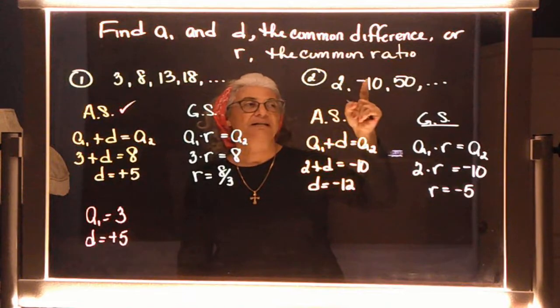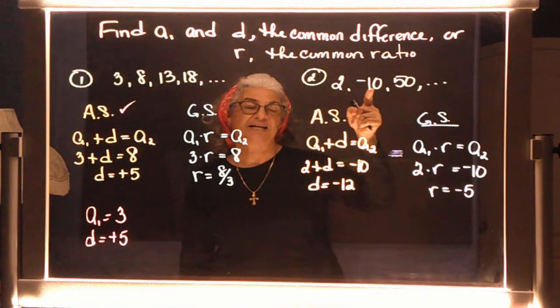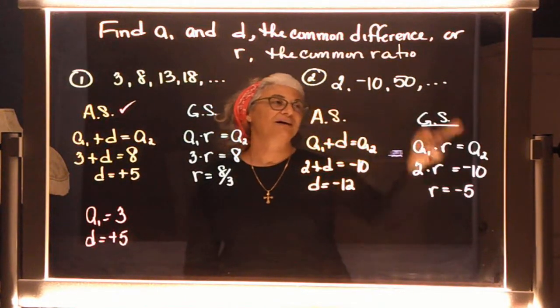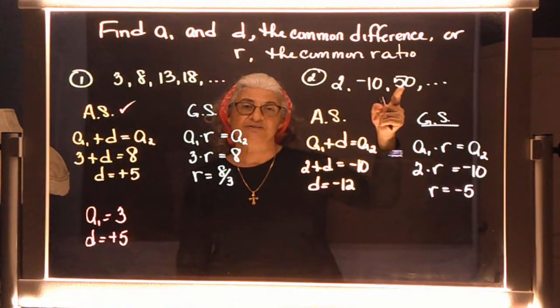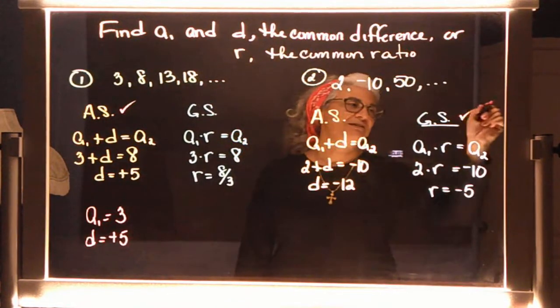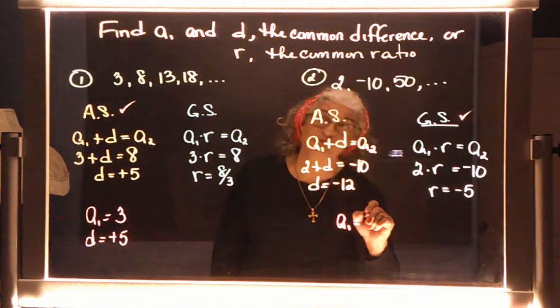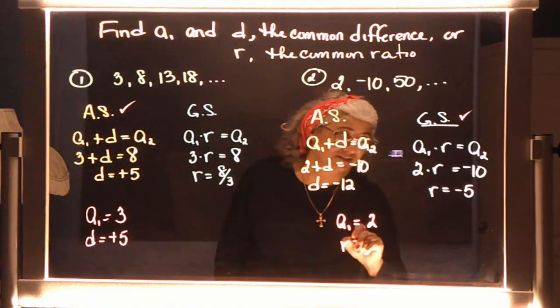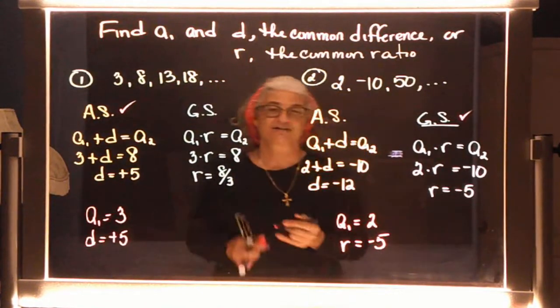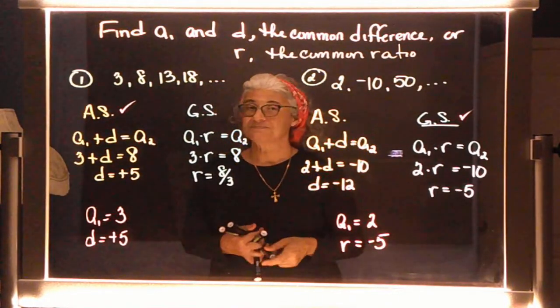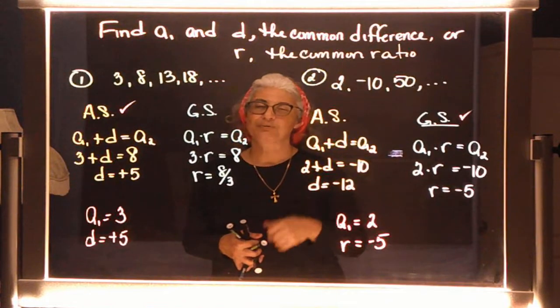Yes, I do. If I take the second term of negative 10 and multiply by negative 5, do I get the third term of 50? Yeah, I do. This one is a geometric sequence. And the first term of this geometric sequence is 2, and its common ratio is negative 5. Cool? Hang in there. I got a couple more of these problems for us.